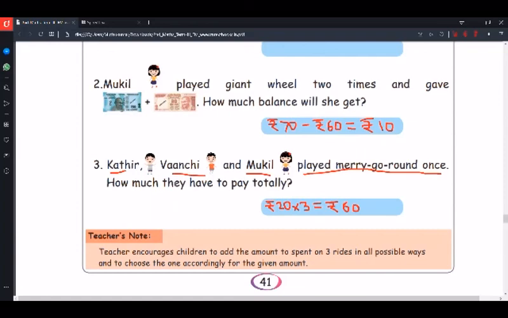Okay, children, this is 20 into 3. You know, isn't it? 20 plus 20 plus 20. 3 of them played merry-go-round, isn't it? So rupees 20 once, rupees 20 twice, rupees 20 thrice. So we are multiplying 20 into 3. Repeated addition is nothing but multiplication, isn't it? We studied already. So 20 into 3 is equals to rupees 60.